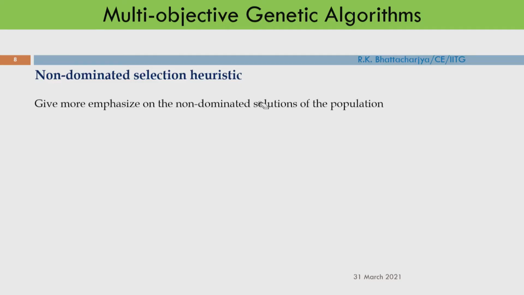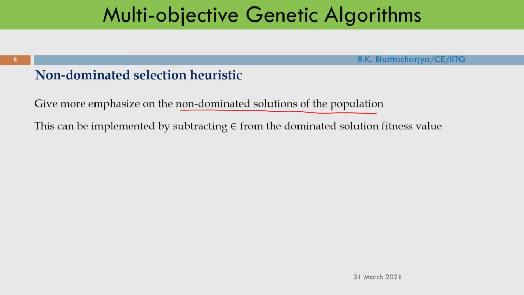Now, let us discuss the non-dominated selection heuristic. In this case, we are giving more importance to the non-dominated solutions of the population. So, we are emphasizing the non-dominated solutions of the population. This can be implemented by subtracting epsilon from the dominated solution fitness. That means I would like to reduce the fitness value of the dominated solutions and increase the fitness value of the non-dominated solutions. So, what am I doing?